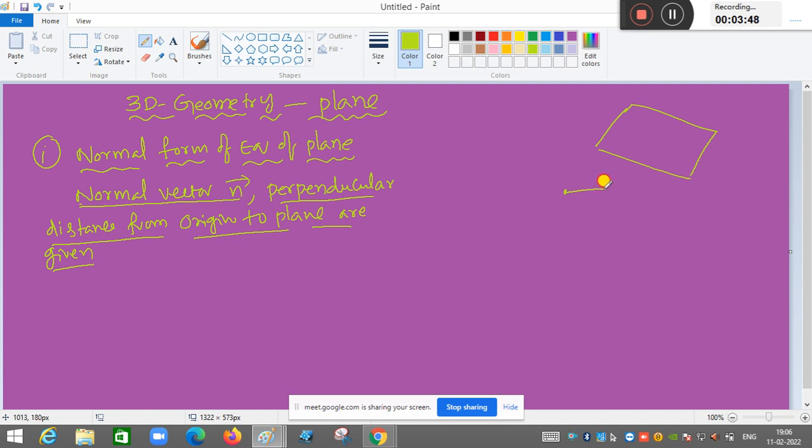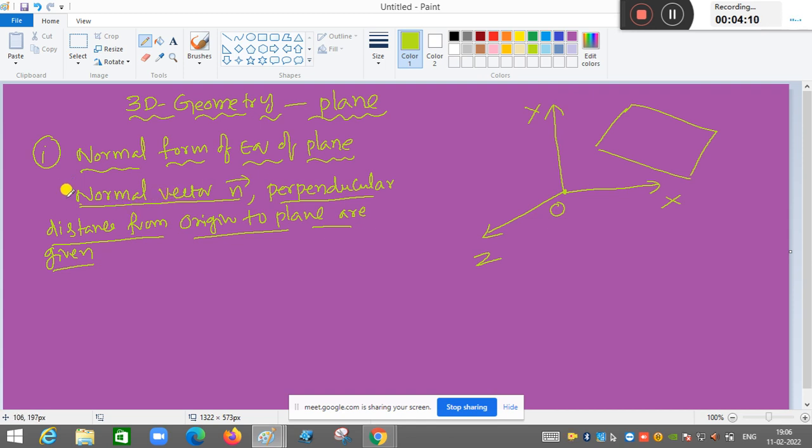Now see, in the space, XYZ axis, this is the space. This horizon, right? See, what is given here? Normal vector. What is meant by normal vector? A vector perpendicular to the plane is a normal vector.